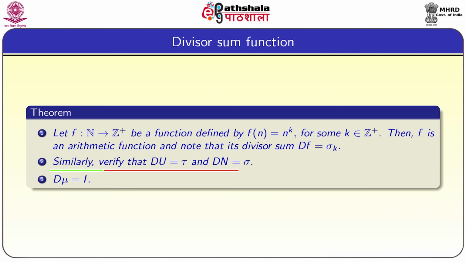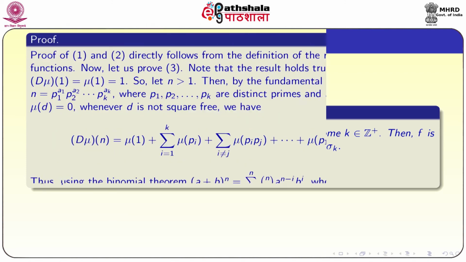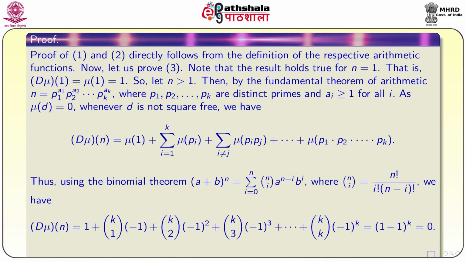Similarly, du is the tau function, dn is the sigma function, and d of the Möbius function, d mu, is equal to I, which we defined earlier: I of n is equal to 1 if n is equal to 1, and I of n is equal to 0 whenever n is not equal to 1. So, the proofs of 1 and 2 follow directly from the definition.